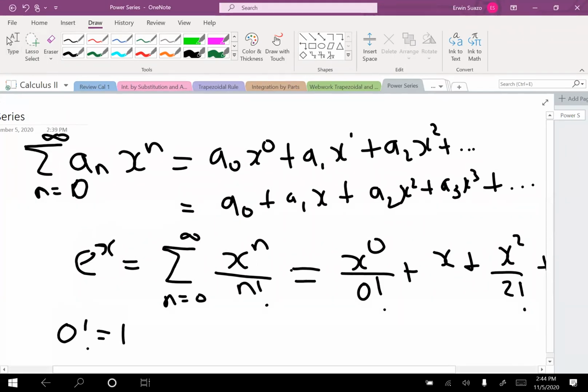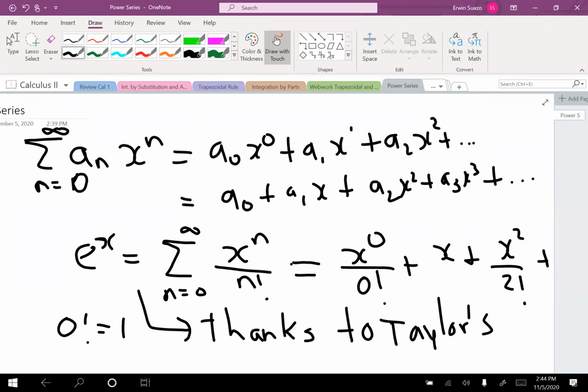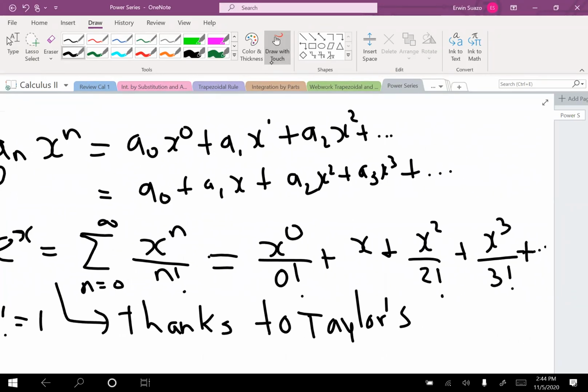This is thanks to Taylor's theorem. So you had seen this before partially, because when you see this is x to the 0 over 0 factorial, so I'm gonna put just 1, okay?